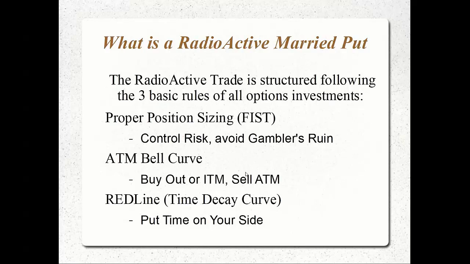Well, what this simply shows us, of course, is the curve of the position. When you look at an option chain, the options that are at the money will always have the highest time premium, up here.